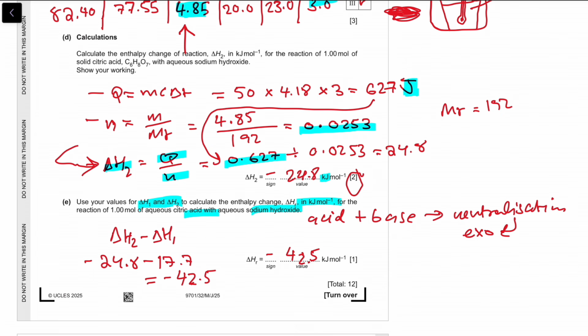Neutralization reactions are exothermic. We should end up with a negative value. The only way we can end up with a negative value is if we subtract H1 from H2, otherwise we'd get a positive value. So that's your easy way of going about doing this, and then you'd get negative 42.5 kilojoules per mole.